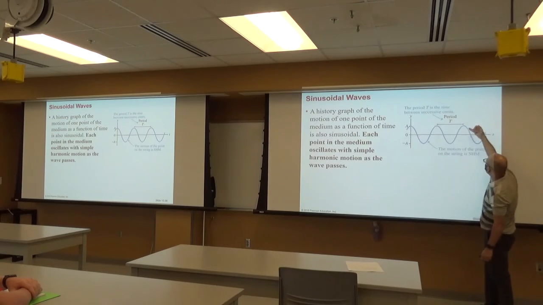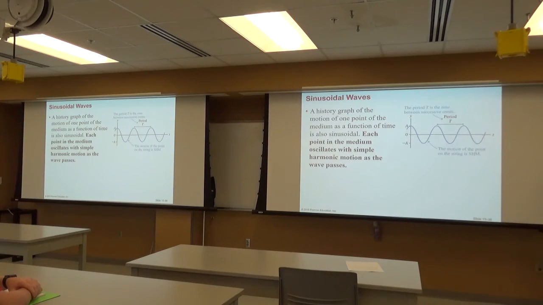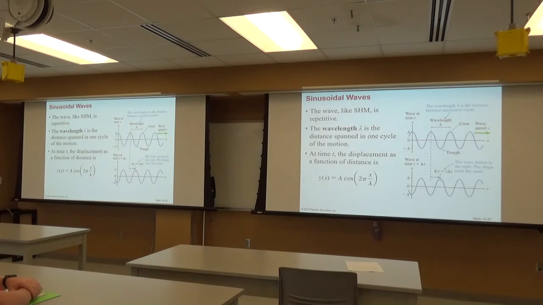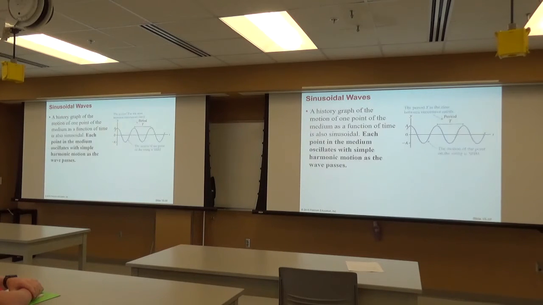So you're plotting height at different times. You look at one single point, and then see how the height of the particle in the medium changes with time. And then you get this. I will post some homework problems on this, to get a little more practice converting from snapshot to histogram.